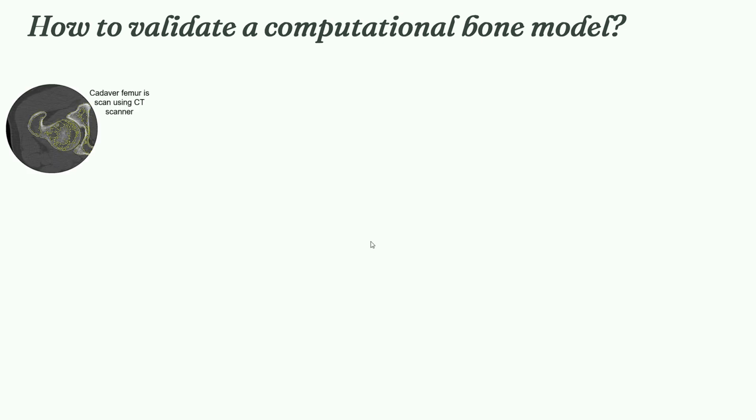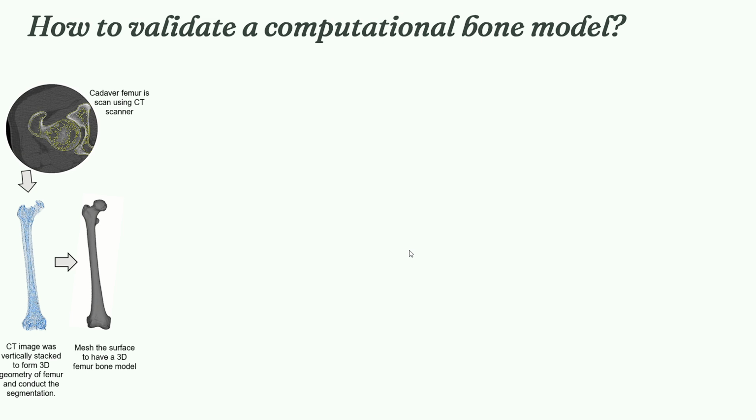First, we scan a cadaveric femur using a computed tomography scanner, which is a medical imaging device that uses X-ray and computer processing to create cross-sectional images of bone and soft tissue. Then the CT images are imported into biomechanical software to build a 3D geometry of the bone.